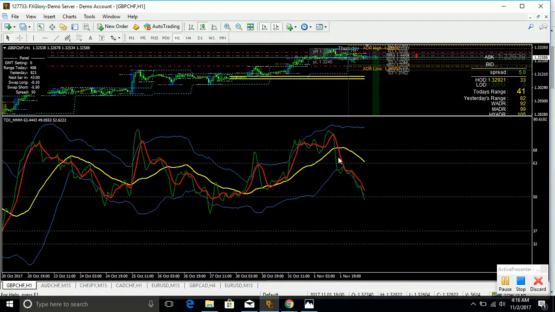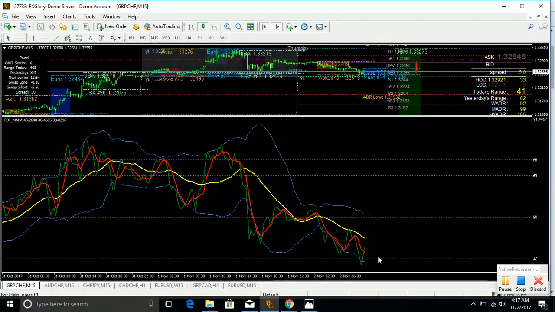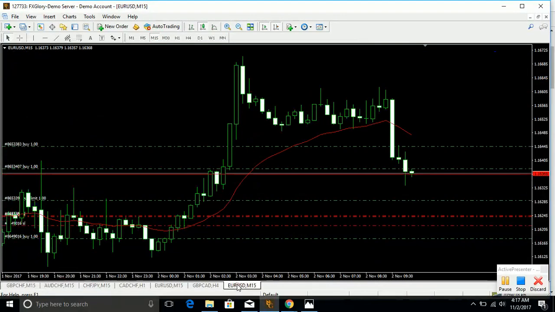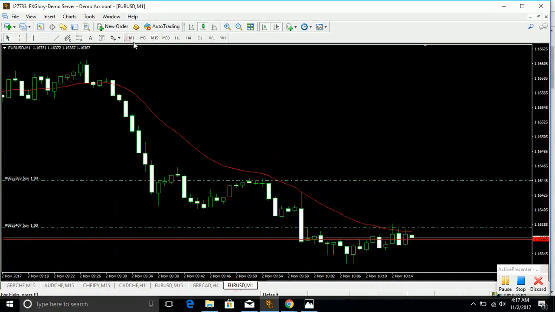This is the hour chart on the pound CHF. This is the 15-minute chart on the pound CHF. Here's the Aussie CHF, and here's the Euro USD.